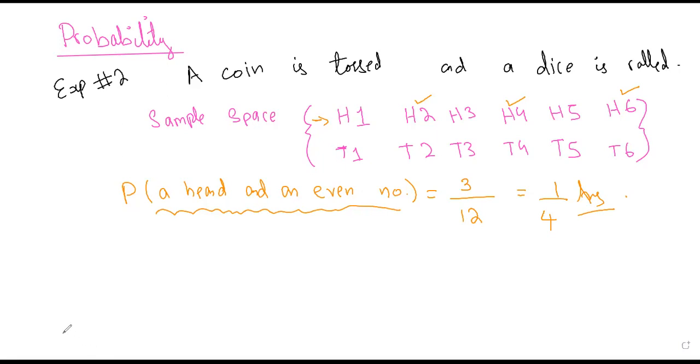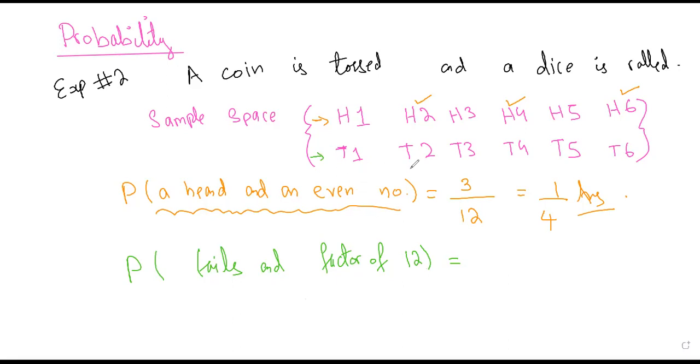Let's say you have been asked the probability of getting tails and a factor of 12.